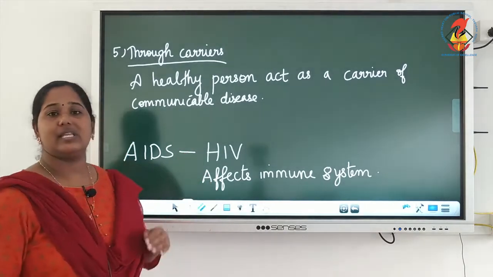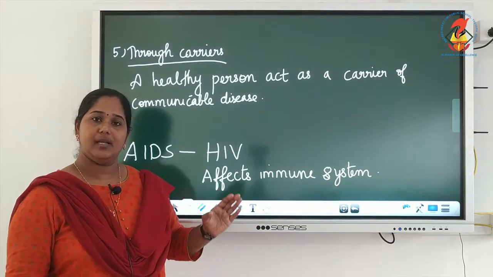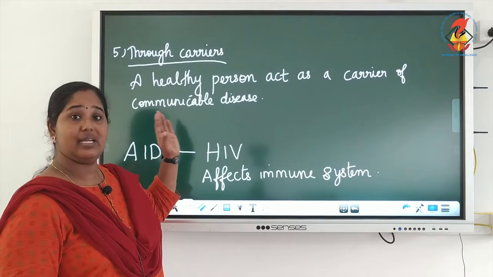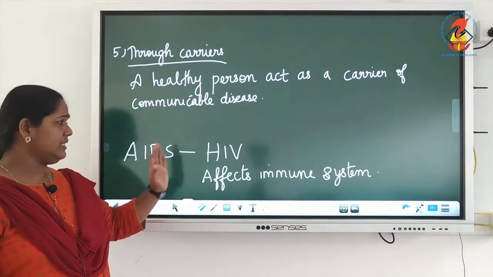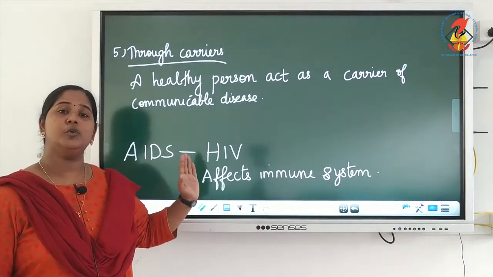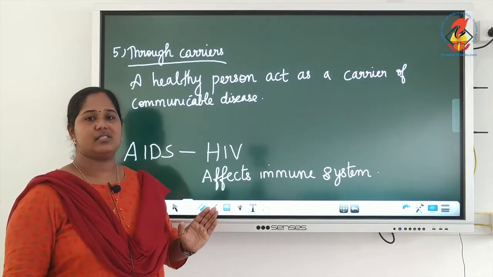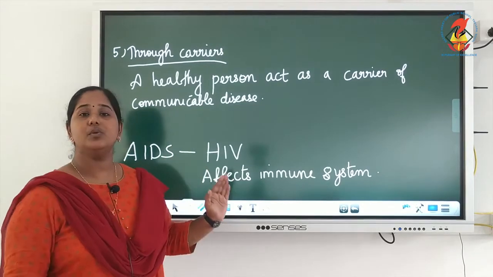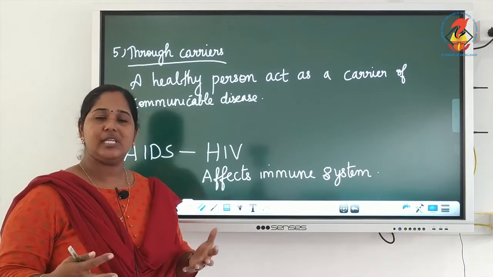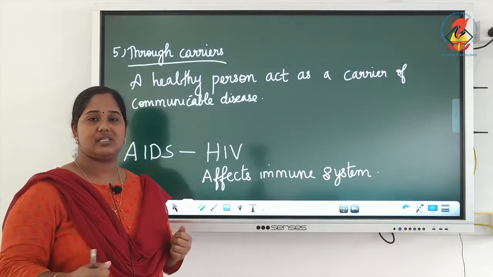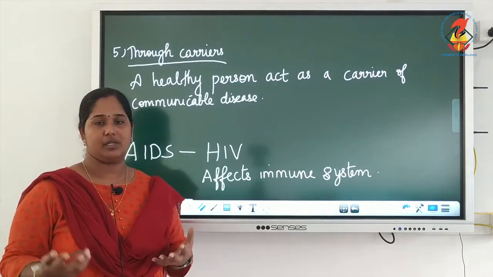So this is how human beings act as carriers of the disease. One such disease is AIDS. AIDS is a disease that is spread through carriers, a healthy person. This AIDS is spread by a virus, HIV, human immunodeficiency virus. And this is a very dangerous disease. It affects the whole immune system of a person's body. What is immunity? Immunity means the power to resist diseases or the power to fight against any organisms that attack our body, like germs.